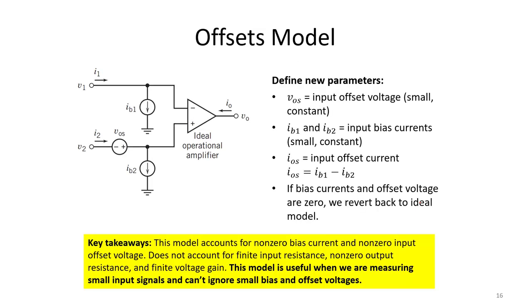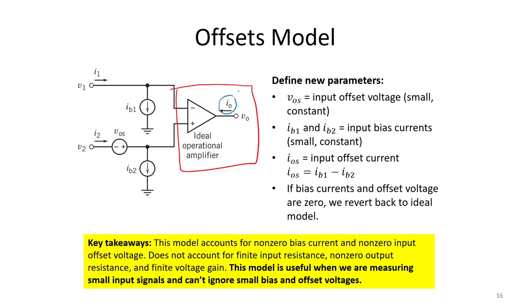Here's our first non-ideal op-amp model. It's called the offsets model. We take a regular old ideal operational amplifier, but notice that we have added some extra parameters.